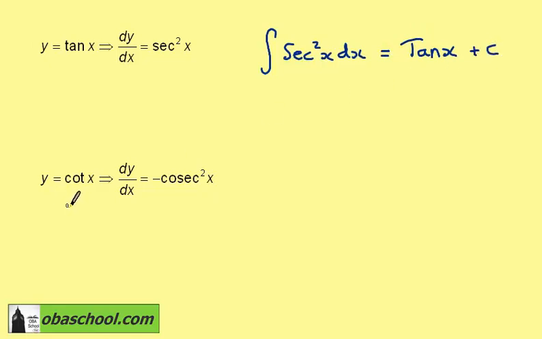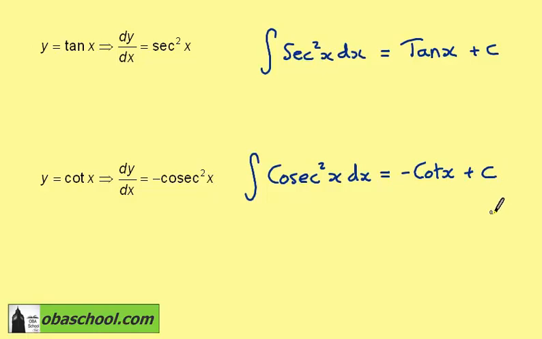If we have y is cot x, it differentiates to give minus cosec squared x. So if we integrate cosec squared x with respect to x, then it follows that we'll get minus cot x plus a constant. Just look carefully at the signs on this last line.